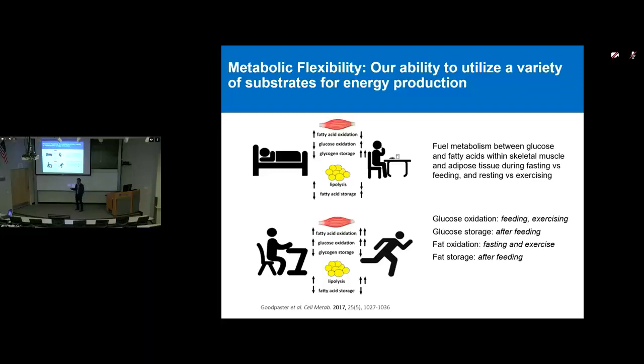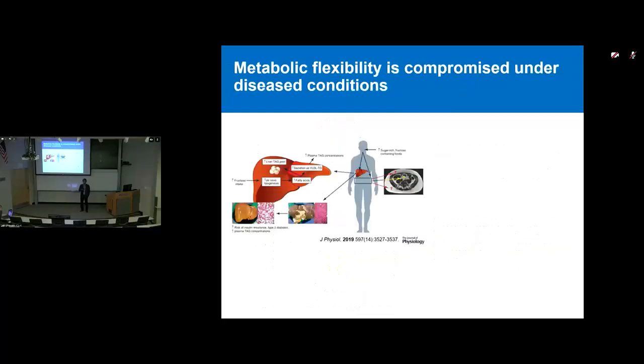Obviously, our heart is going to start using a lot of fatty acid for ATP production. When we start going out for a run, other substrates will also come into play and help provide the ATP source when the energy demand is increased. And of course, we also know that when we get sick, with diabetes or fatty liver, that flexibility would be compromised.